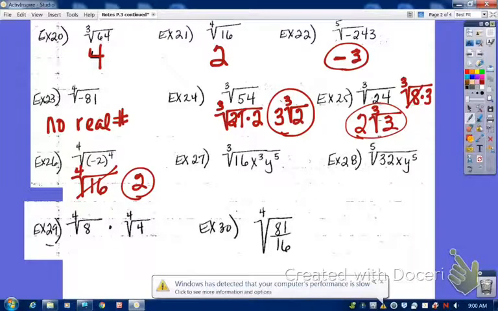Example 27. We're under a cube root. Is 16 a perfect cube? No. 16 is not a perfect cube. It's a perfect 4th. But what will divide into 16 that is a perfect cube? 8. Okay, so we're going to break 16 down into 8 times 2, and we're just going to bring the variables down.